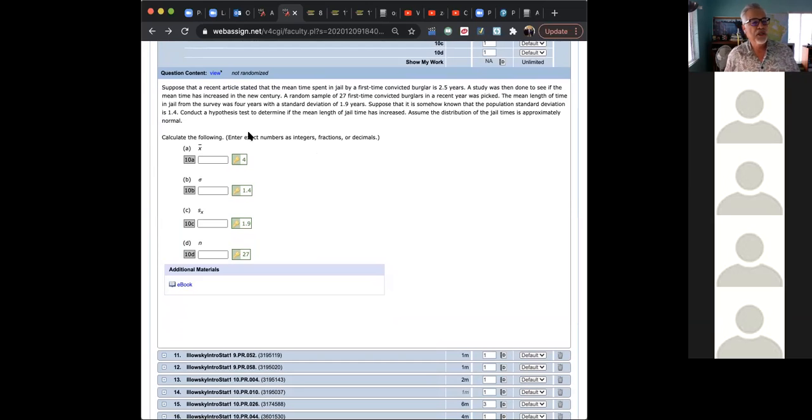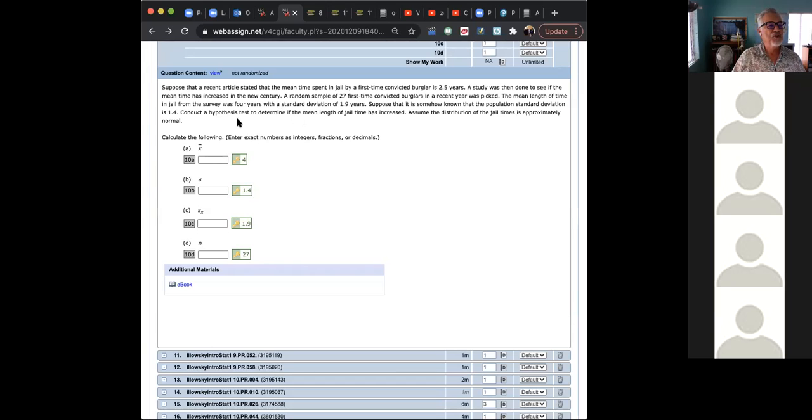Suppose that a recent article stated that the mean time spent in jail by a first-time convicted burglar is 2.5 years. A study was then done to see if the mean time has increased in the new century. A random sample of 27 first-time convicted burglars in a recent year was picked.